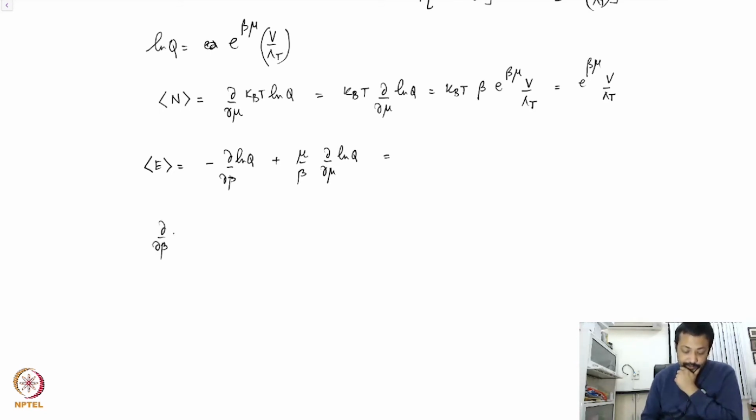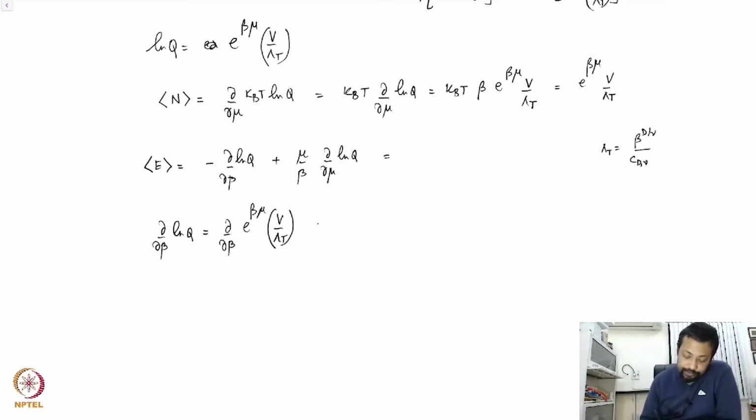Del beta of ln of q is going to be del beta of e to the power beta mu v over lambda t. Now remember, your lambda t is also a function of beta, right? So you know that lambda t was defined as beta over d over nu divided by cd comma nu, correct?